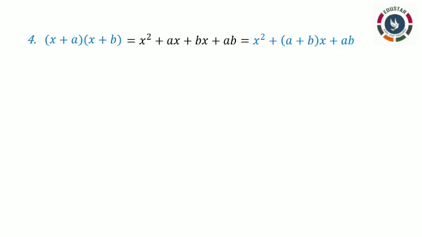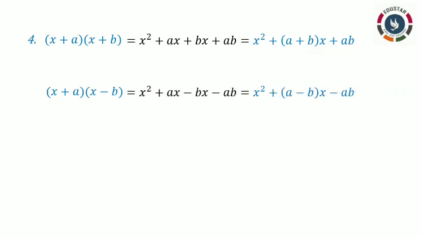In case the symbol before a or before b changes, there will be a change in the formula. For example, check it. X plus a into x minus b. If we multiply, our answer will be x square plus (a minus b) into x minus ab.